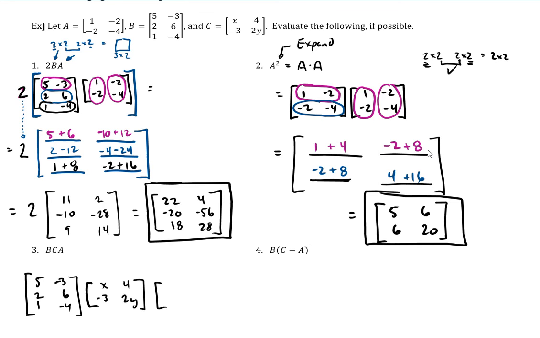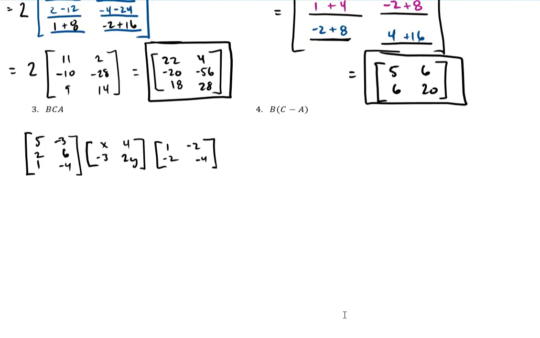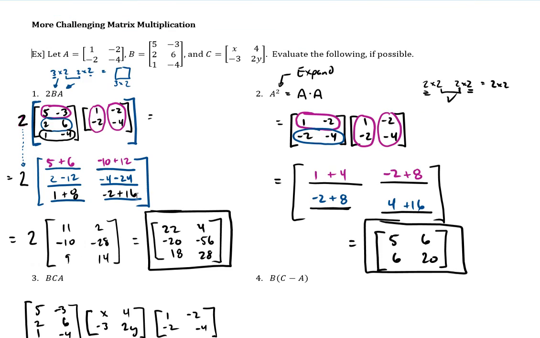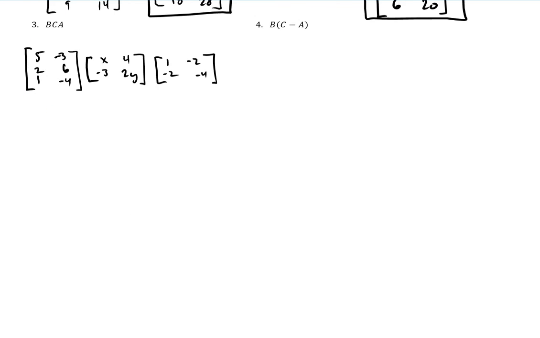And then A is 1, negative 2, negative 2, and then the negative 4 right there. Okay, so let's see. Oop, that's being weird there. Okay, so I think that's better. Okay, so there's our setup for it all. All right, and then now I want to multiply this out.